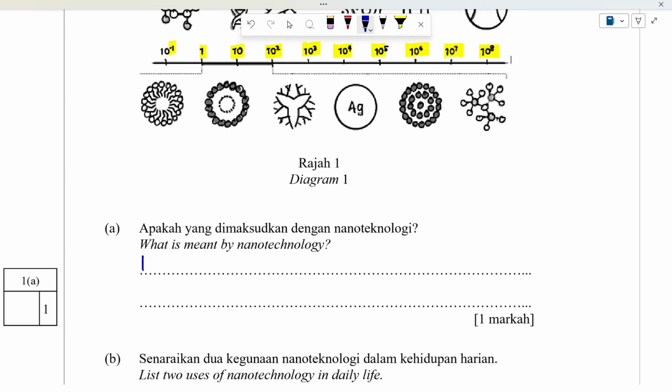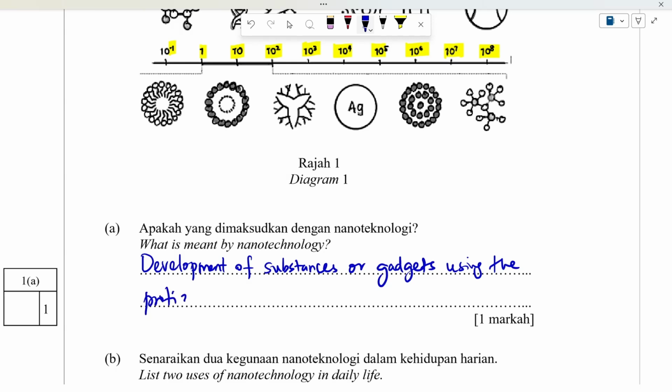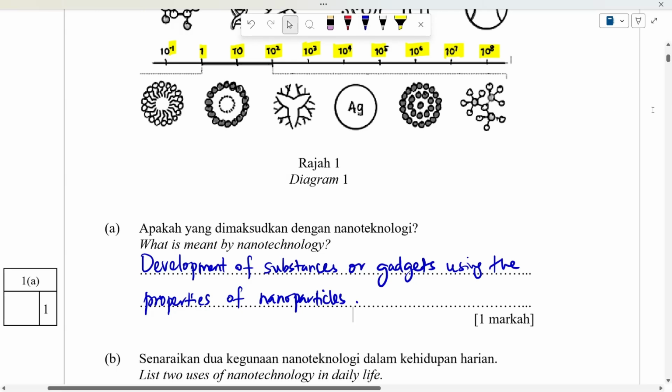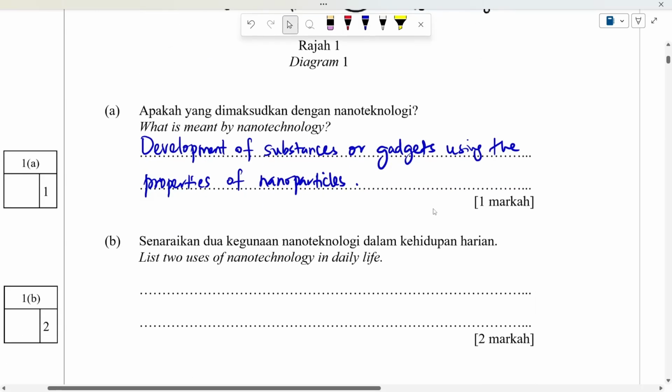It's a development of substance or gadget using the property of nanoparticles. So this one is a standard definition. So you must write it correctly.